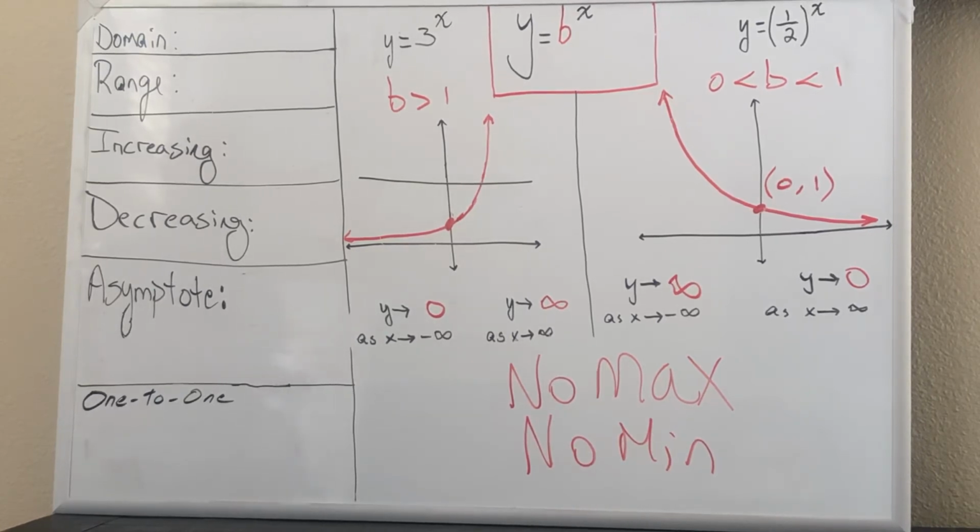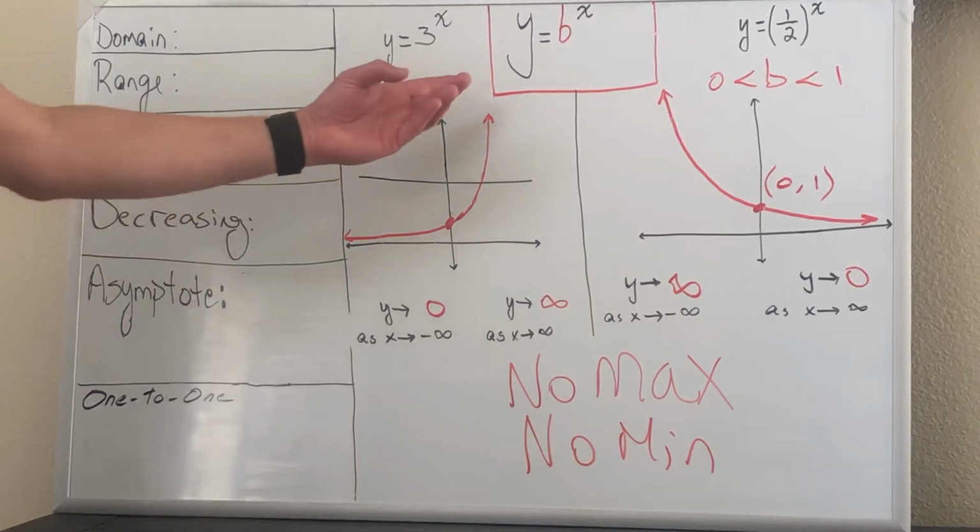If you're able to draw a horizontal line anywhere on the graph and only have one intersection, then your graph passes the horizontal line test, which means your function is one-to-one, which in turn means your function is invertible. It has an inverse. Now, the inverse of an exponential function is the logarithmic function, which comes up in future videos.